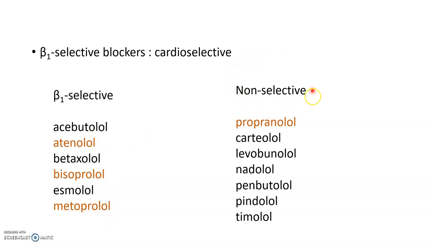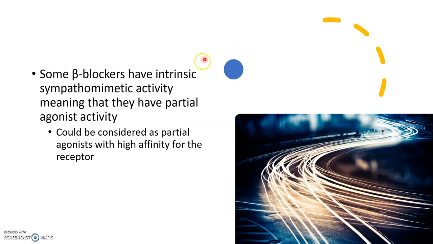And then the non-selective ones, we have propranolol, carteolol, levobunolol, nadolol, penbutolol, pindolol, and timolol. So these are non-selective beta blockers.